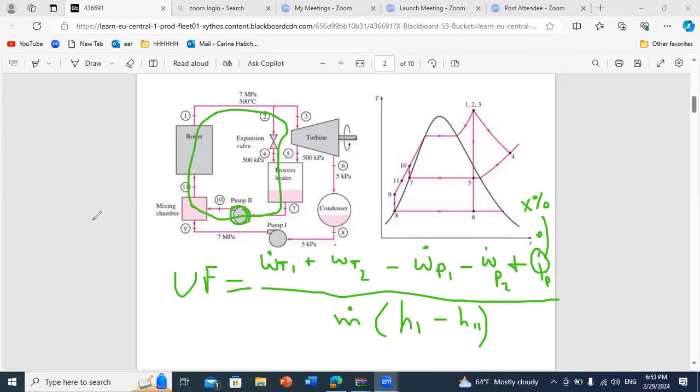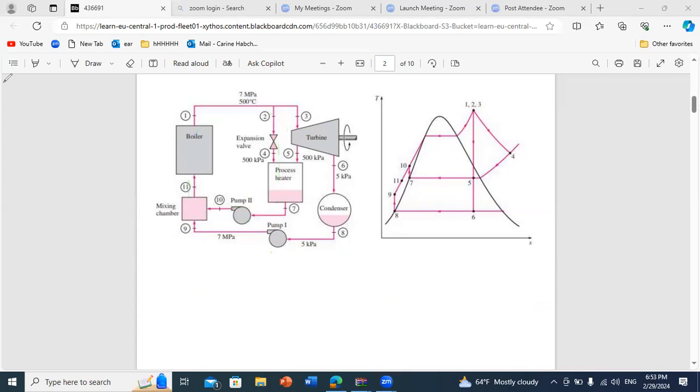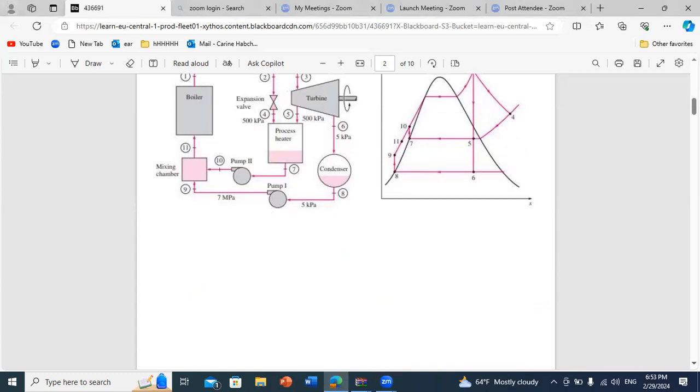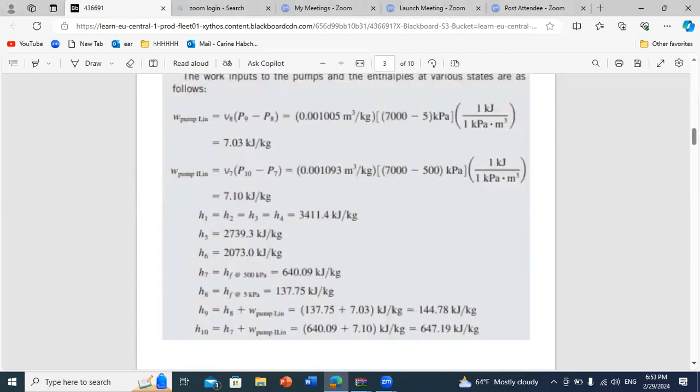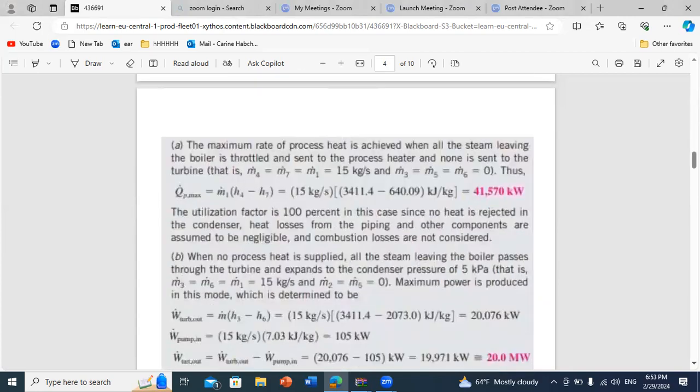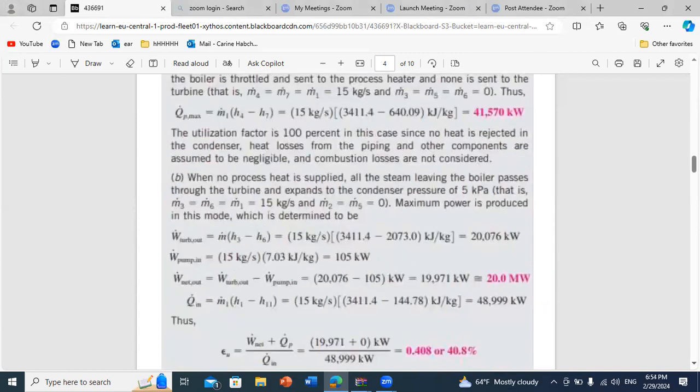And we can check this from calculations. So we can see that in the first case, if we want to have maximum process heat, and we calculate the utilization factor, it will be nearly 100%, because losses and pump work are really small relative to the value of Q dot boiler.